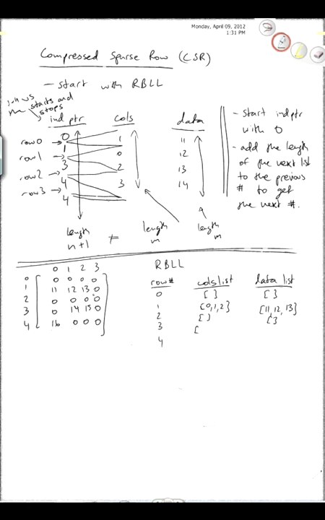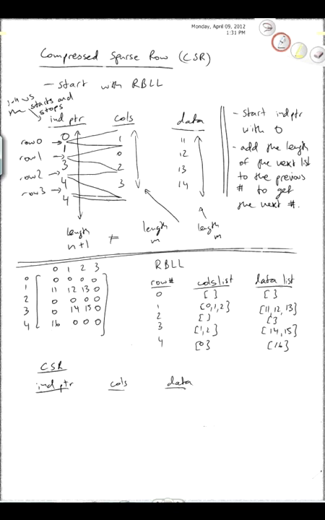For row 3, the columns list is going to be 1 and 2, and the data is going to be 14 and 15. And for row 4, the columns list is just going to be 0, and the data is just going to be 16. So we took this matrix and we turned it into RBLL, but now we have to turn it into compressed sparse row. So let's do that. I need a columns array, a data array, and an index pointer.